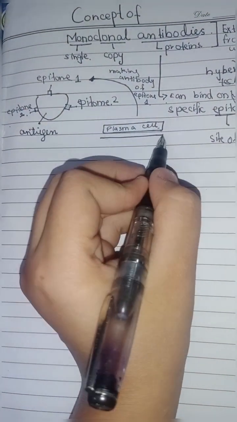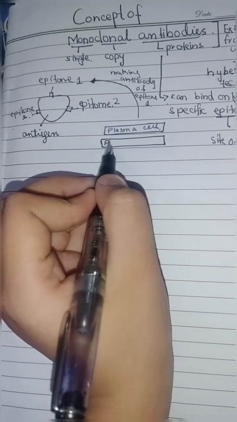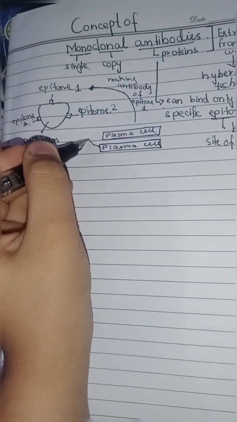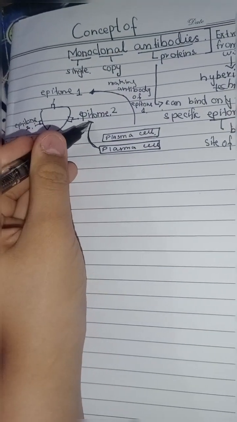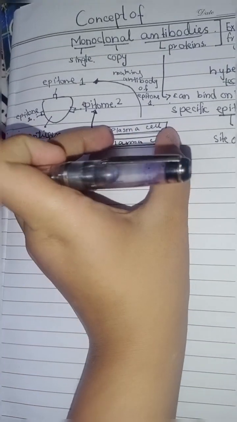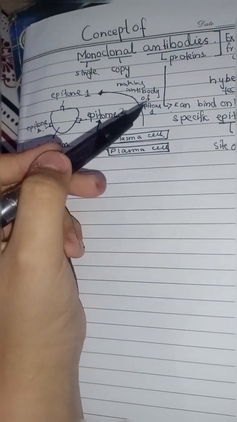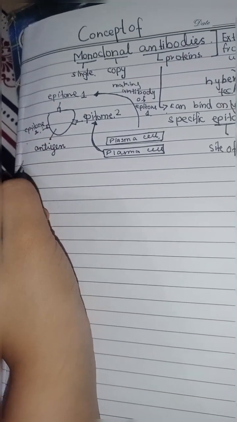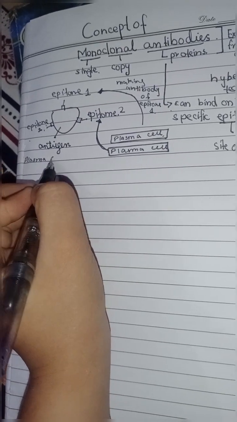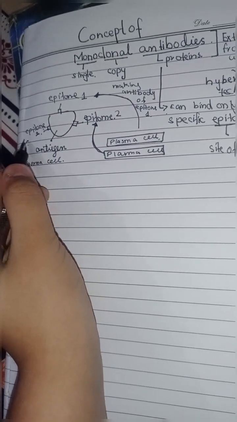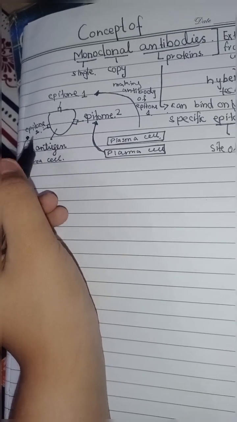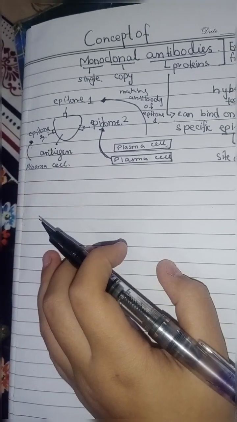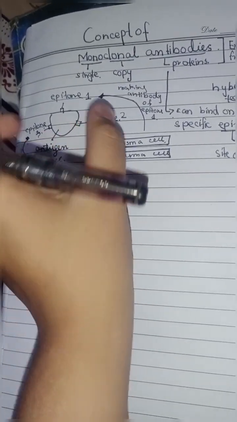So we will have another plasma cell which will make the antibody of epitope 2. One plasma cell can make the antibody of only one epitope, not the remaining ones. And for epitope 3, there will be another plasma cell which will make the antibody of epitope 3. This is how a plasma cell makes the antibody of a specific epitope.